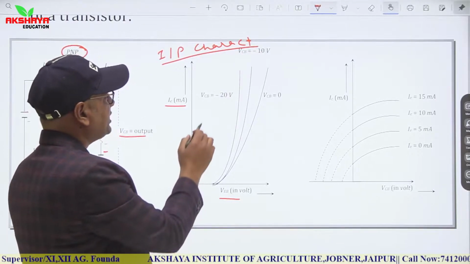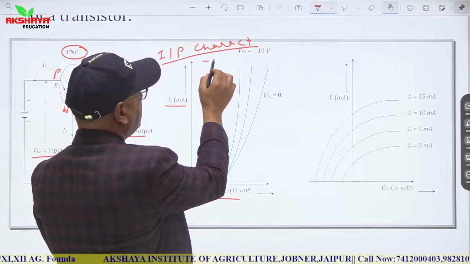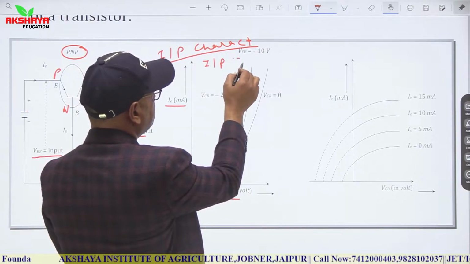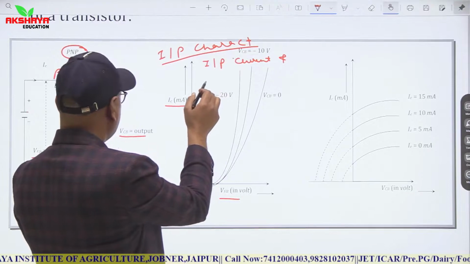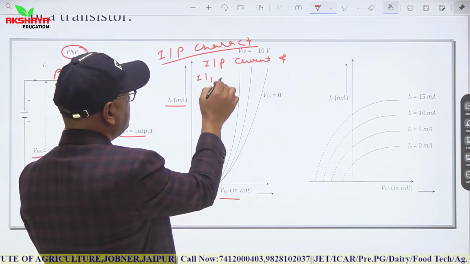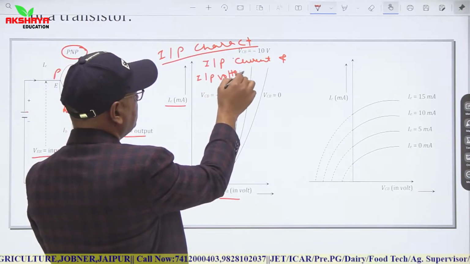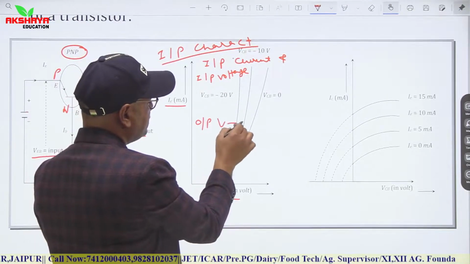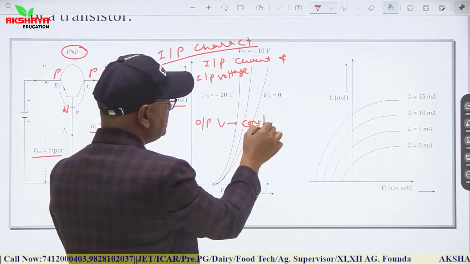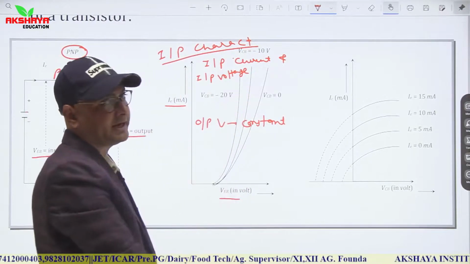Input characteristic curve is plotted between input current and input voltage, and in this situation output voltage is constant. Output voltage is constant in case of input characteristics.